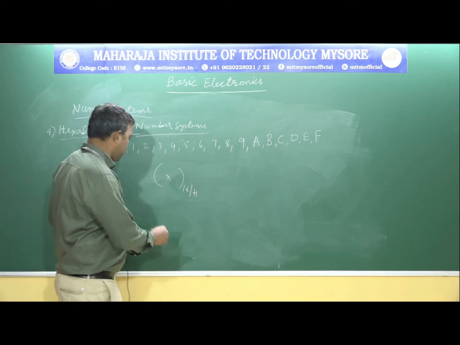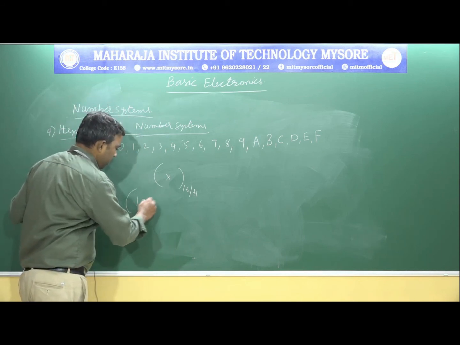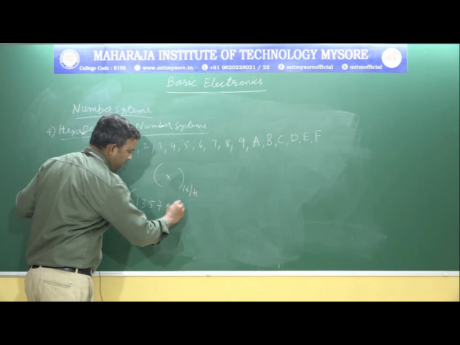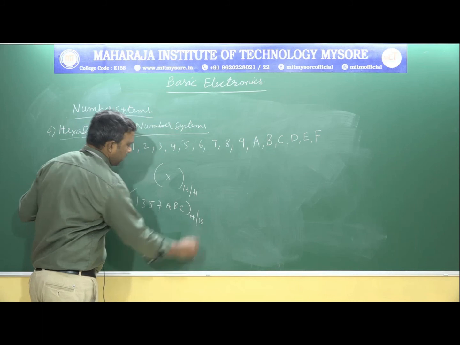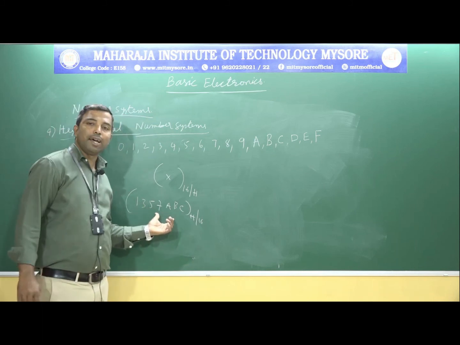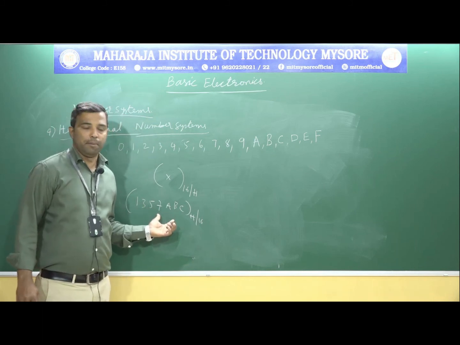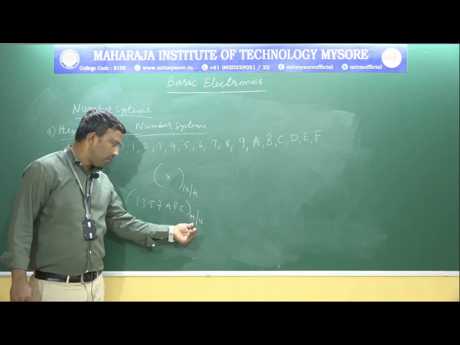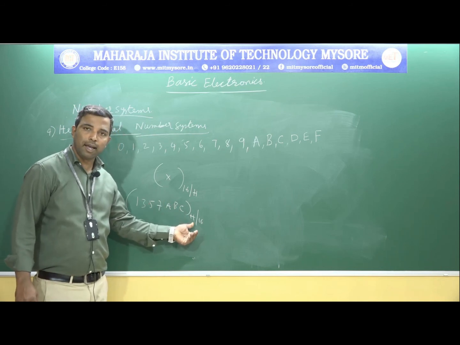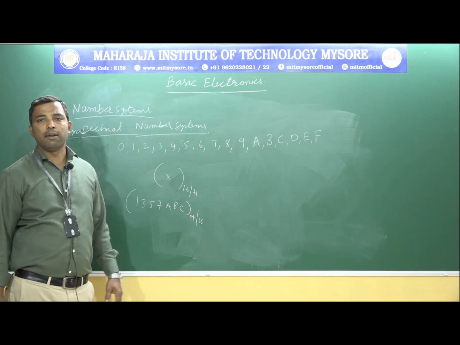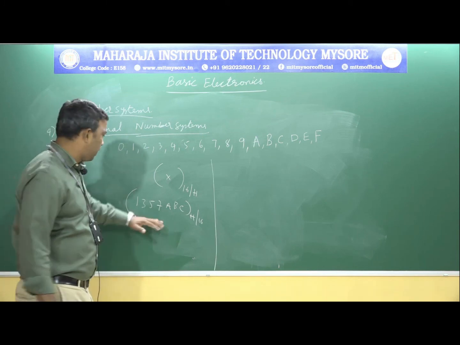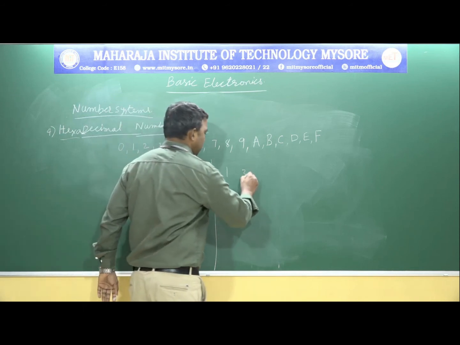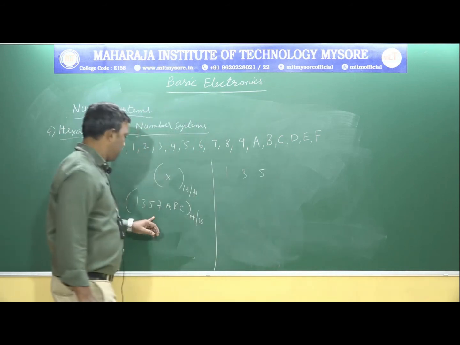For example, consider 1357ABC base 16. This number is hexadecimal because its base is 16.